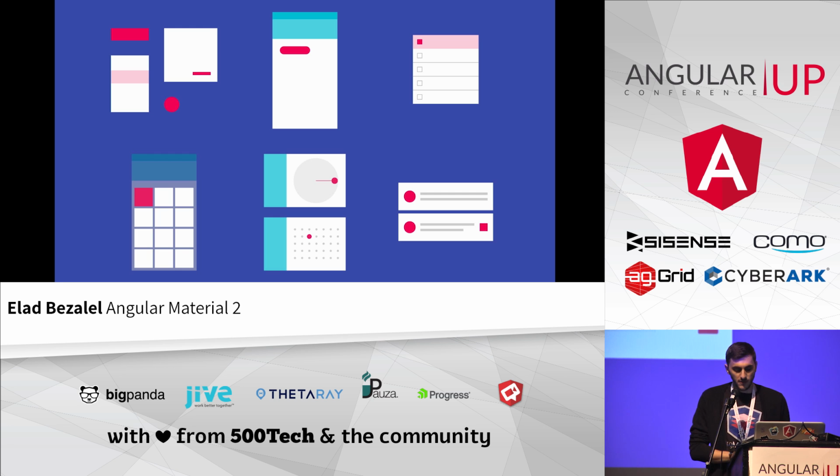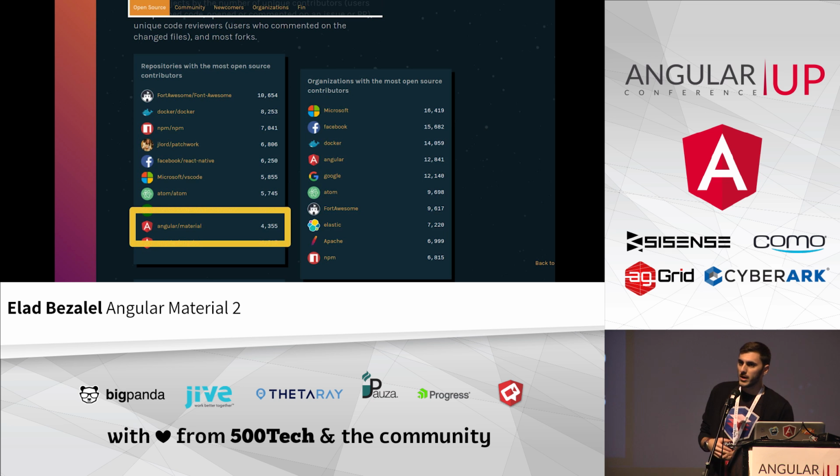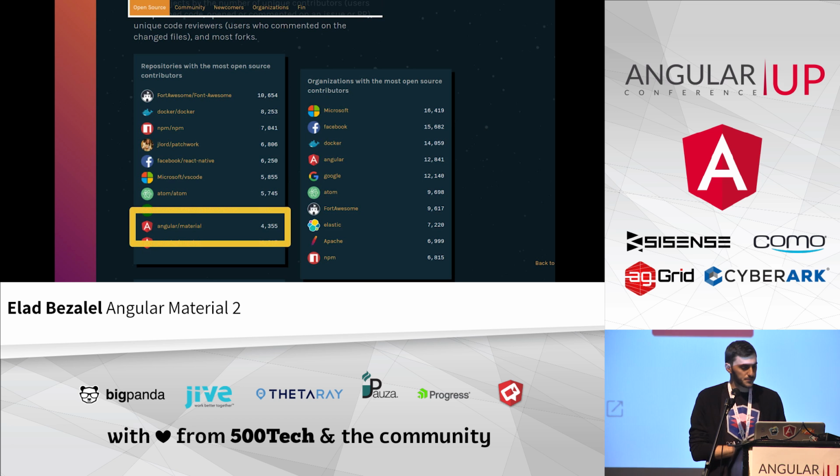Most of you may have heard about Angular Material 1. Speaking of which, at the last Octoverse, the GitHub conference, Material 1 was rated 9th by the number of contributors. So anyone who has participated and contributed, thank you very much. This is amazing.